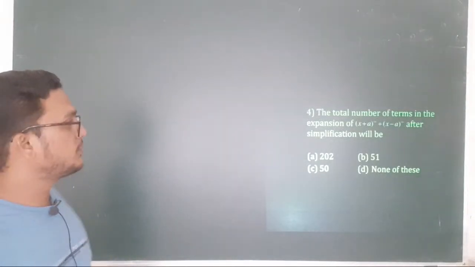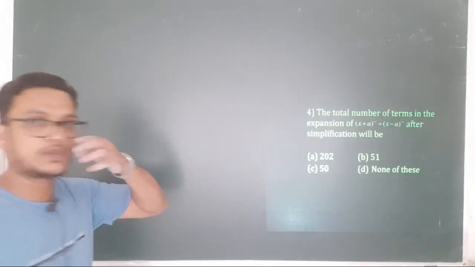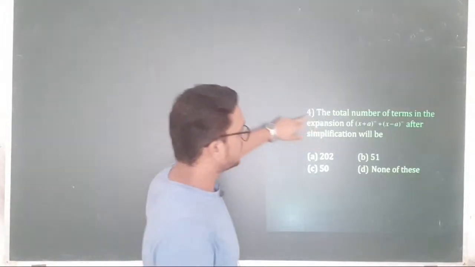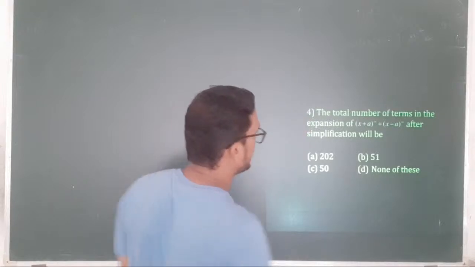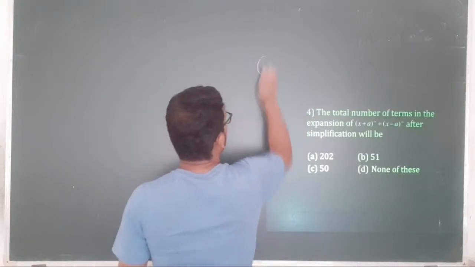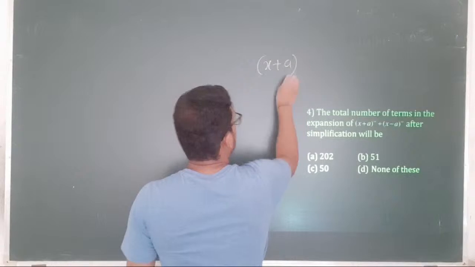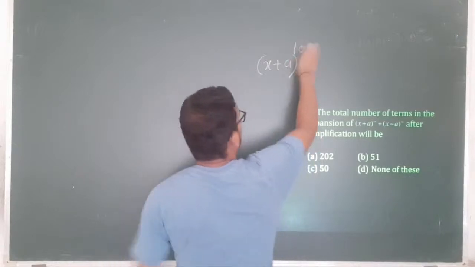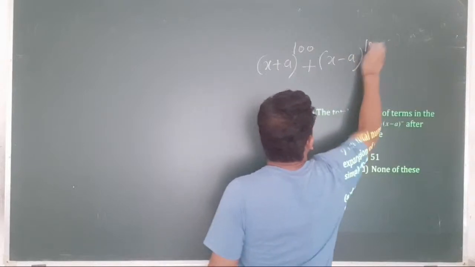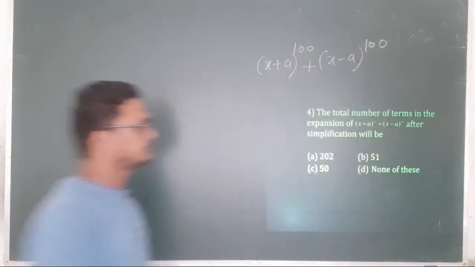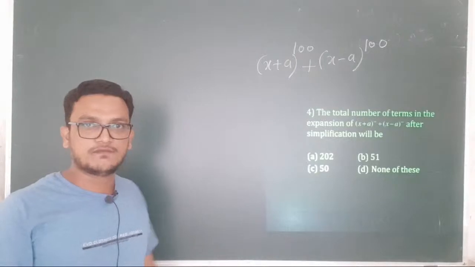Next, question number 4. The total number of terms in the expansion of x plus a to the power 100 plus x minus a to the power 100 after simplification will be.